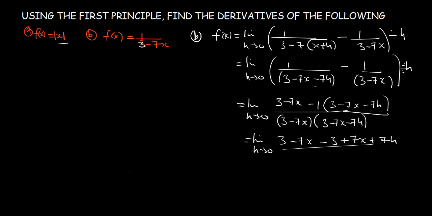Then over, alright. So even before this over, we are dividing throughout by h. Don't forget that. Okay, so we are dividing throughout by h.